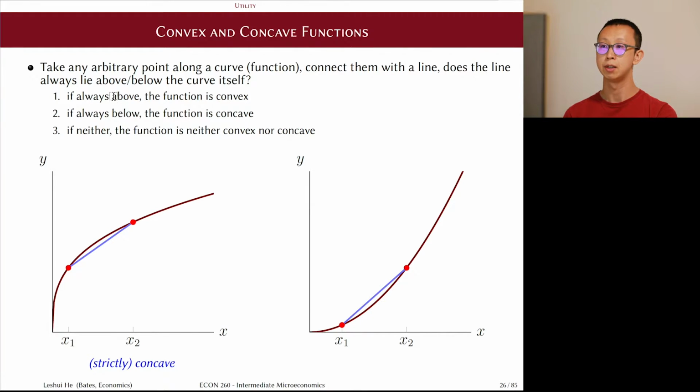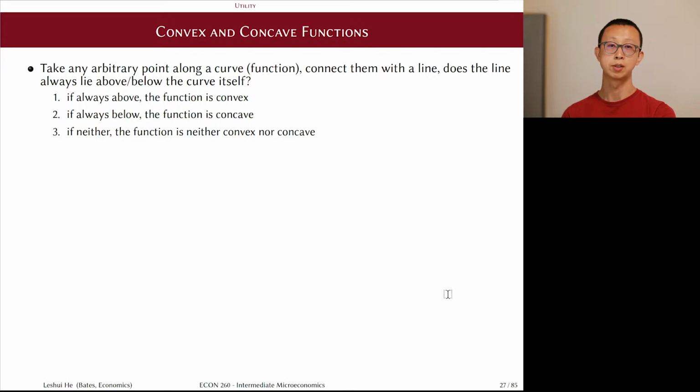And in that case, because the segment always lies above the curve, we'll call this function convex. And similarly, if the segment always lies strictly above the curve itself, then we're going to say the function is strictly convex. But if the segment sometimes lies above it, and sometimes on the curve itself, then we're going to say it's weakly convex. But not all functions only pass one of these tests.